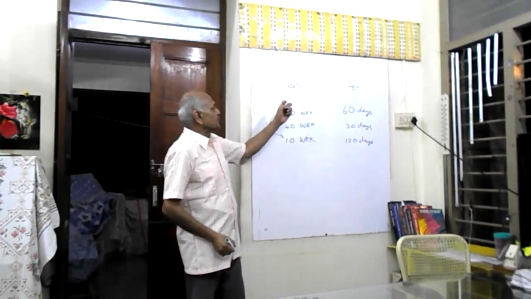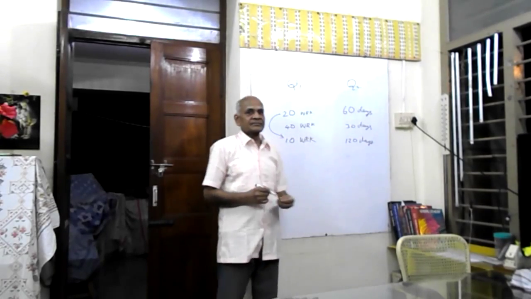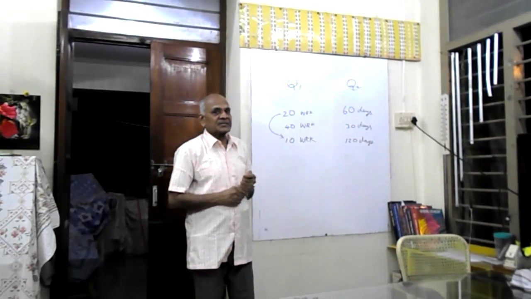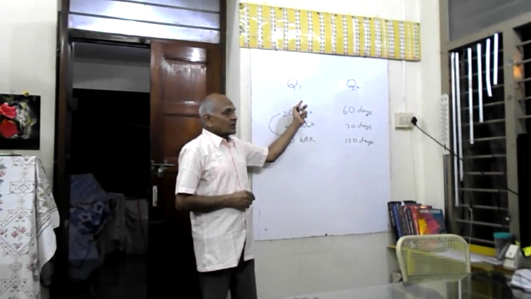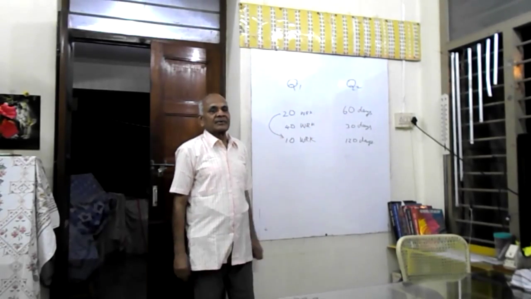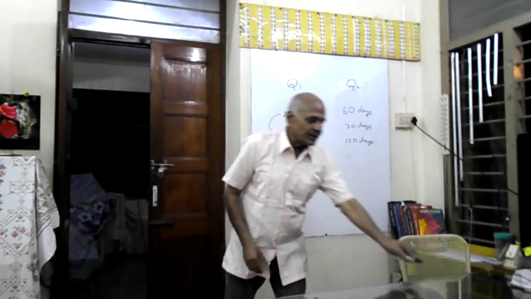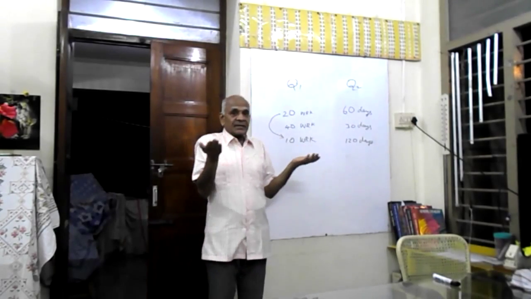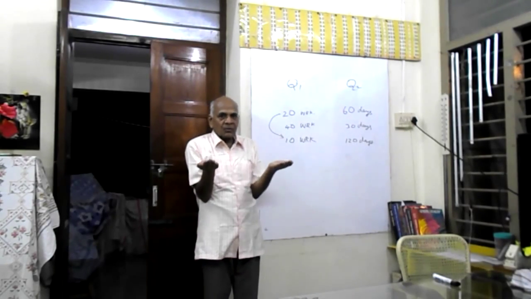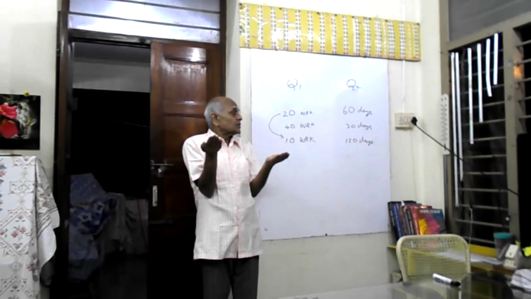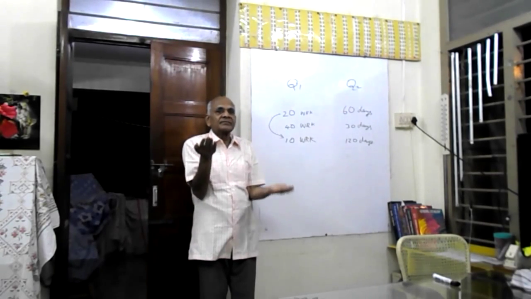This type of relationship between workers and number of days, when the amount of work is constant, is called inversely proportional relationship. When quantity 1 is doubled, quantity 2 is halved.